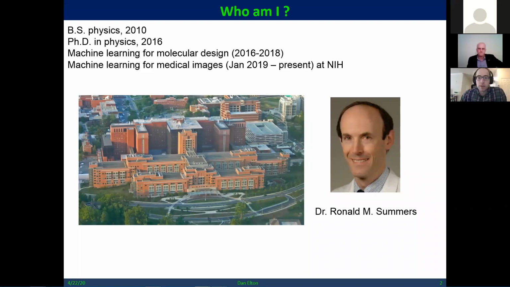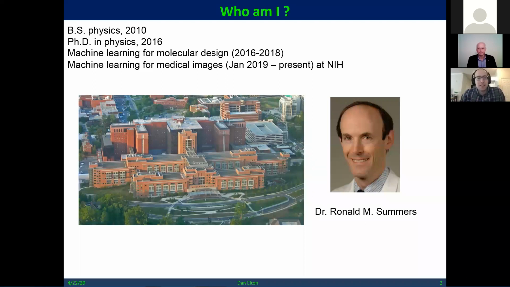So what I ended up doing was some postdoctoral work at the University of Maryland, and there I was working on machine learning, and we were looking at molecules and trying to predict properties of molecules.